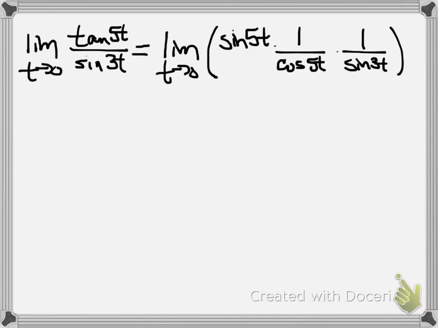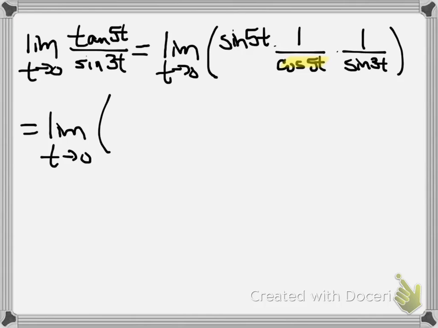I broke it out like this because we're going to want to introduce a few extra things. Before we get to that, let me point out that as t goes to 0, cosine of 5t goes to 1. So that middle factor, the limit exists. So we really just need to figure out what to do with the sine factors.